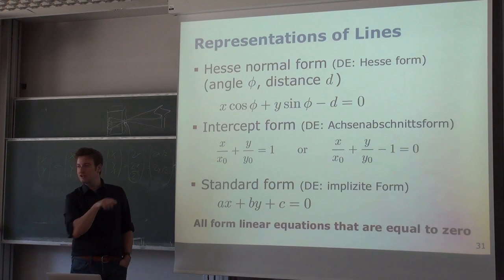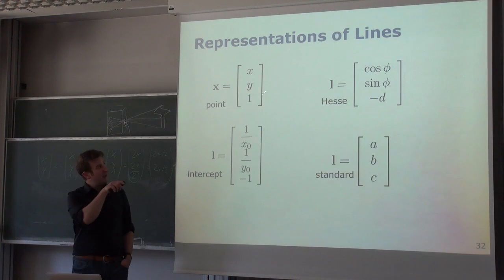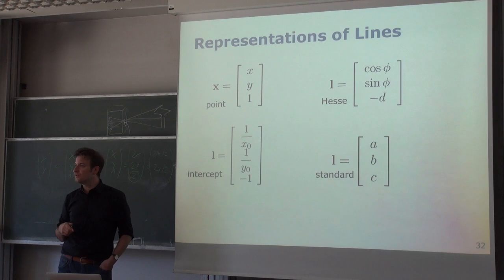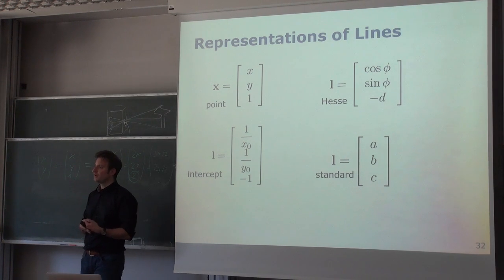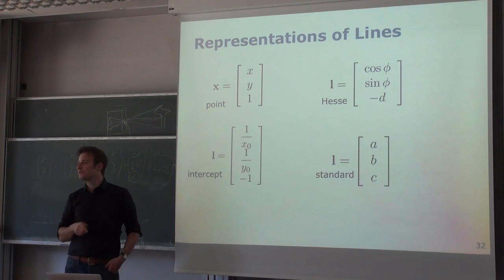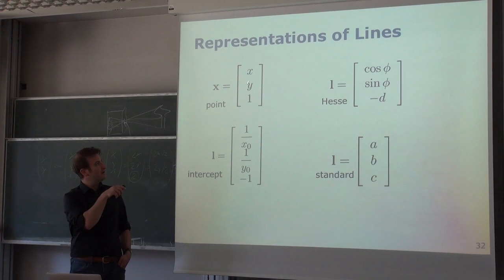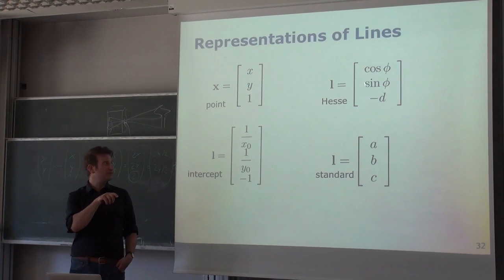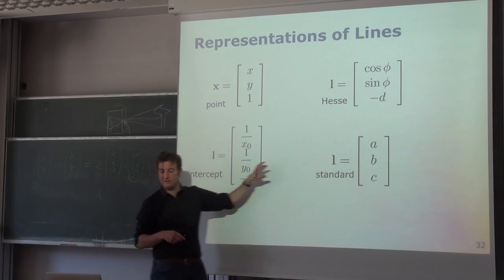The only thing I'm missing is the equals 0. So if I have this kind of representation, I can now use it to formulate a condition under which the point lies on that line, which is x dot L equals 0. If this holds, then the point x lies on the line represented in this way. And I can do this in exactly the same way for the two other forms.